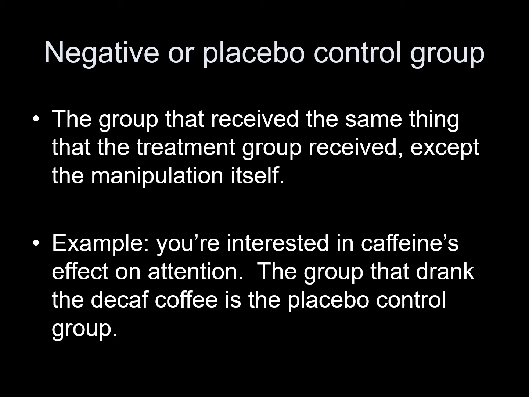Okay, so that would mean that the experimental group is the one that drank regular coffee, because it could be the fact that you are drinking coffee, maybe the smell of the coffee, maybe the fact that you are just drinking a hot liquid, that is triggering something inside you that is making you behave differently. Okay.